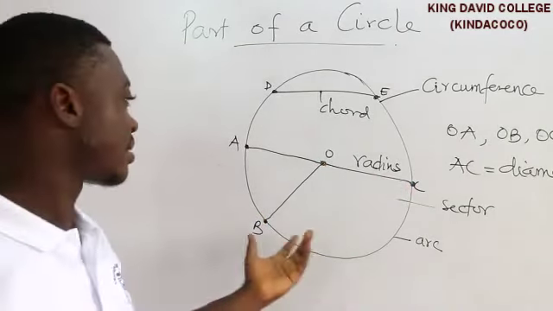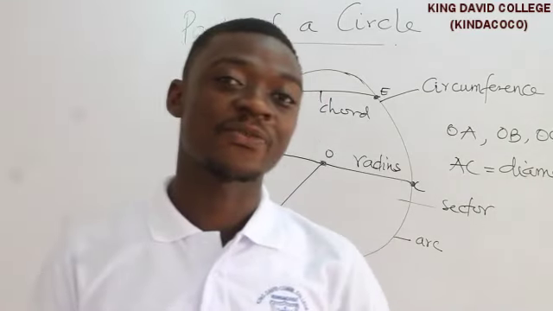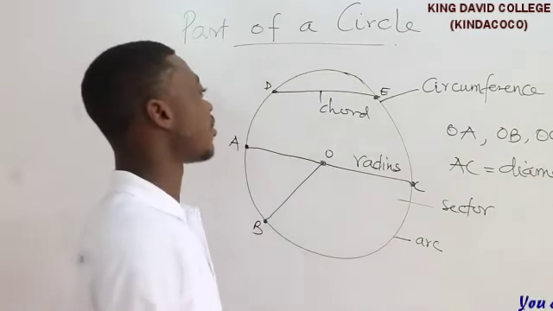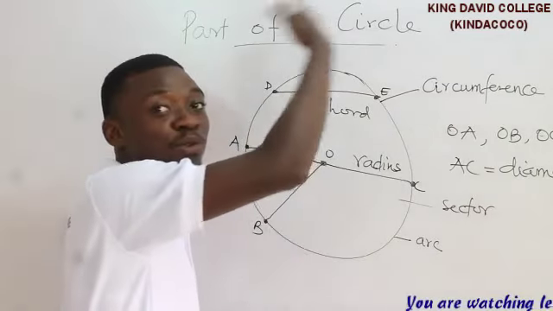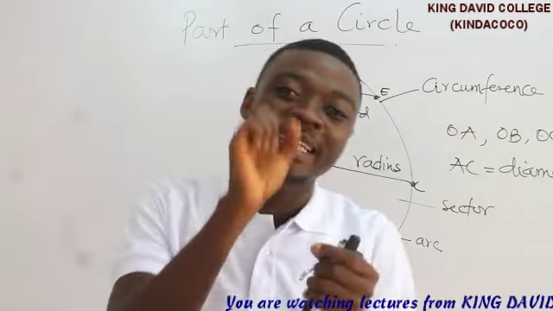Right. So we can liken a sector to a slice of pizza. Now when you buy a pizza, you have the full pizza, and then you pick a slice. You see the shape of it? It's almost like this.